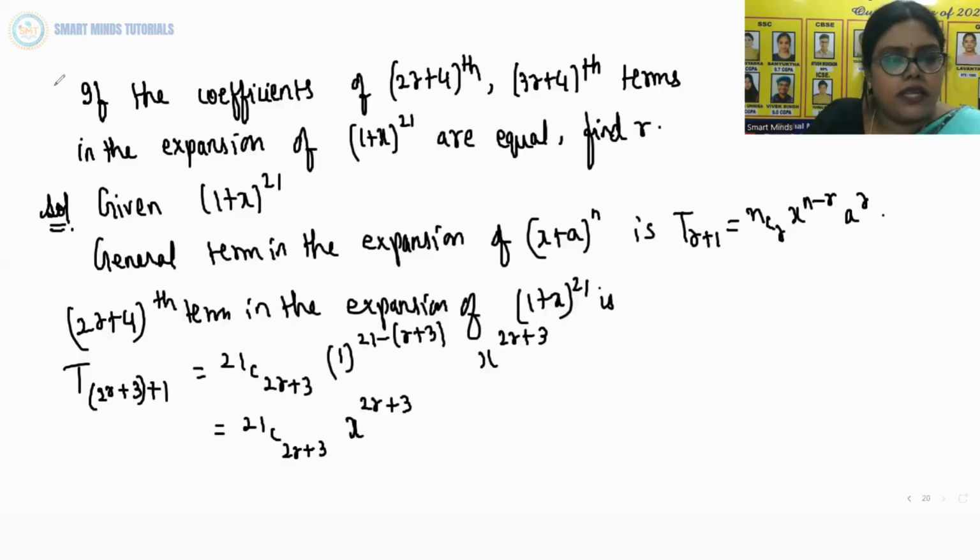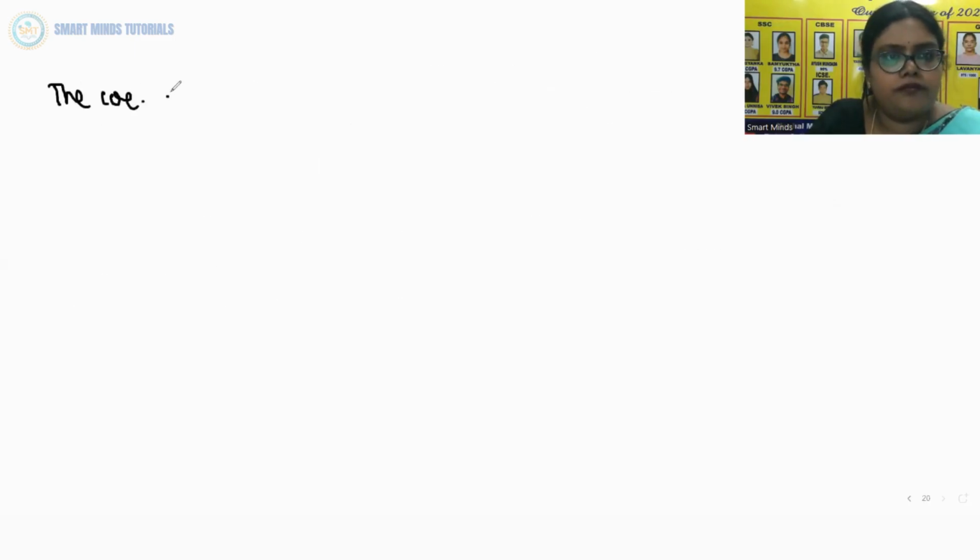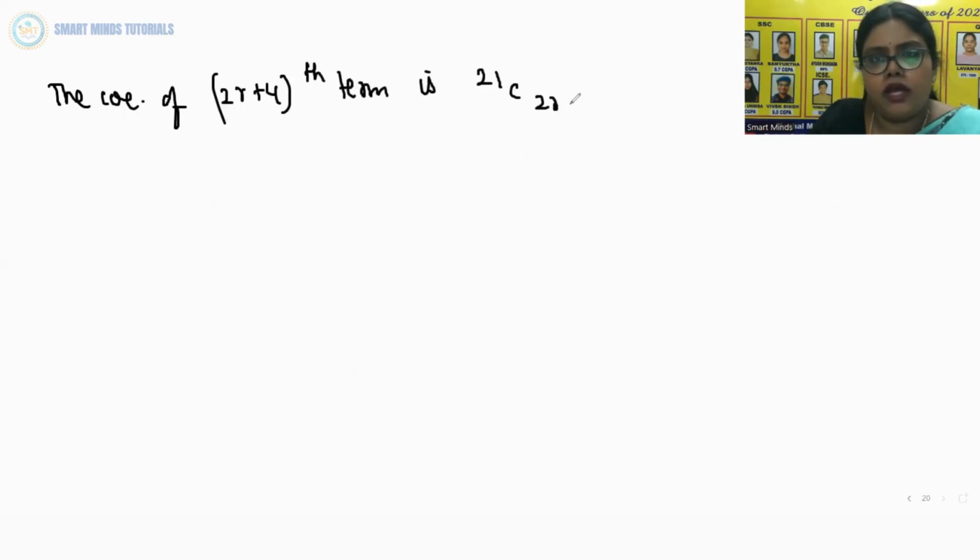So now the coefficient of the (2r plus 4)th term is 21C(2r+3). That is the coefficient.